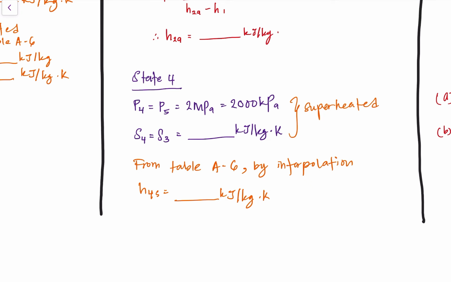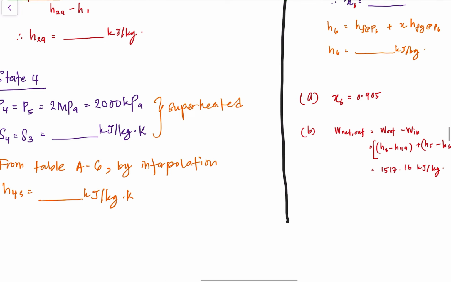So for this state 4, you might need to conduct interpolation because the entropy lies in between certain figures. Once you have done the interpolation, then you are going to get the value for the H4S.